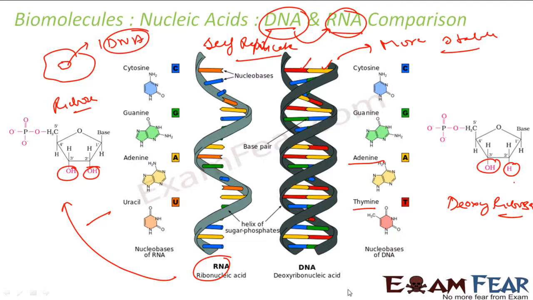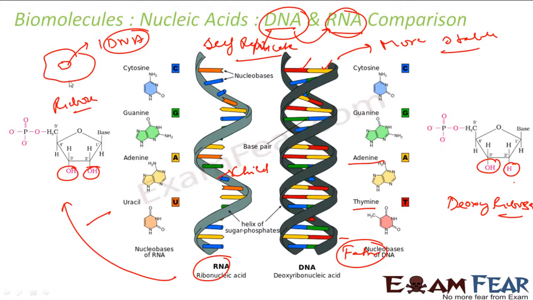DNA will create a lot of RNAs. So RNA is synthesized from DNA. Please understand here, RNA is the child of DNA, and this is the father, or mother, whatever you want. So RNA is the child of DNA, and DNA can self-replicate.